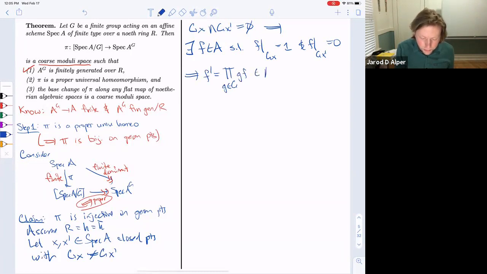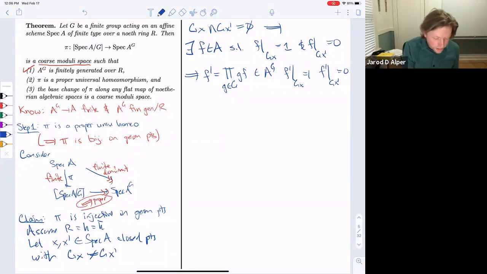So then this is an invariant polynomial with the same property. And the whole point is that it's an invariant polynomial. And this invariant f prime is a function on the invariant ring.